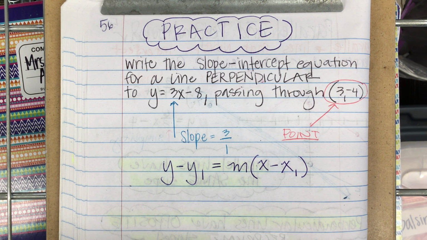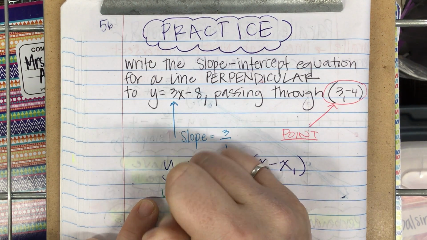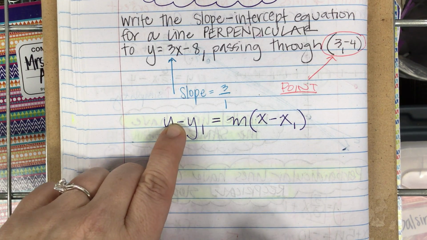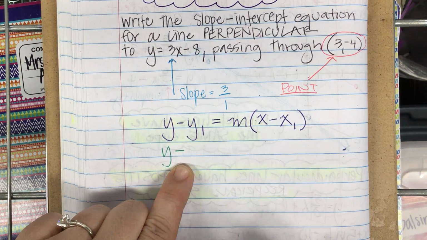Now, all I have to do is, what are my 3 steps for point slope form? Substitute, simplify, solve for y. Substitute, first step. y stays the same because there's no subscript. Minus.